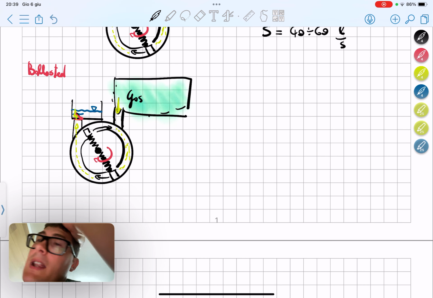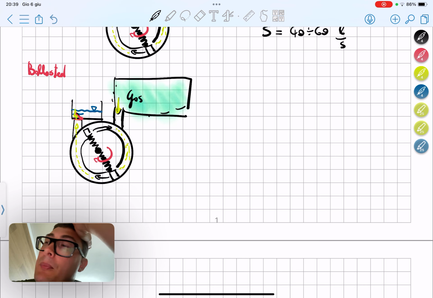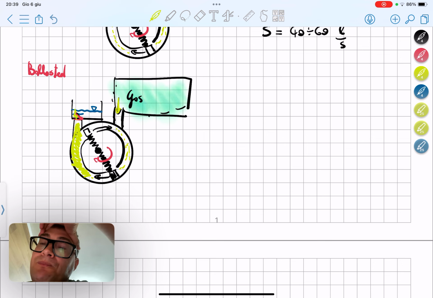Because sometimes, when this one is compressing the gas in this area, so imagine that this black one is rotating, it's compressing these gases inside here. But if it compresses too much, it will actually liquefy it.